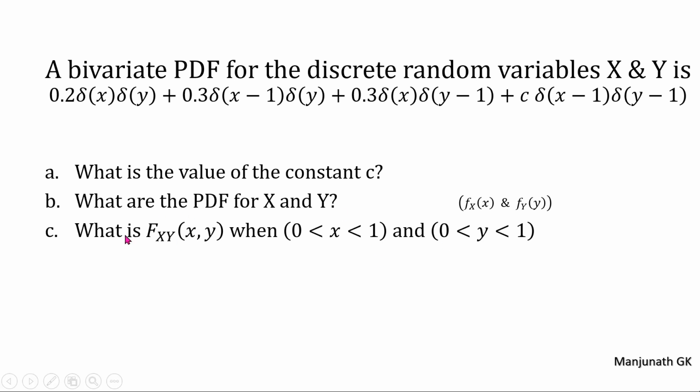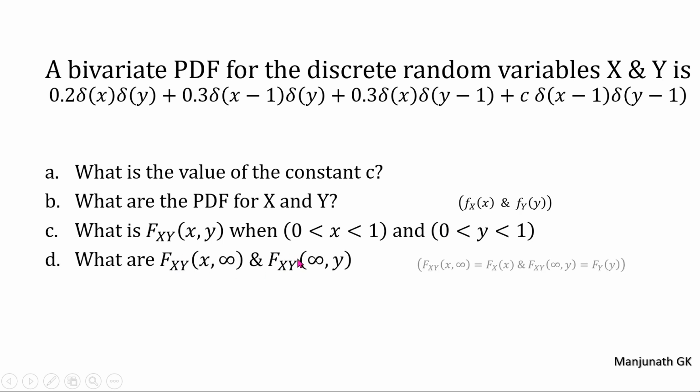What is the bivariate cumulative distribution function when x and y vary from 0 to 1? What are Fx of x and Fy of y? We know this term is nothing but a single random variable cumulative distribution function, because the random variable y is having a possible event here.